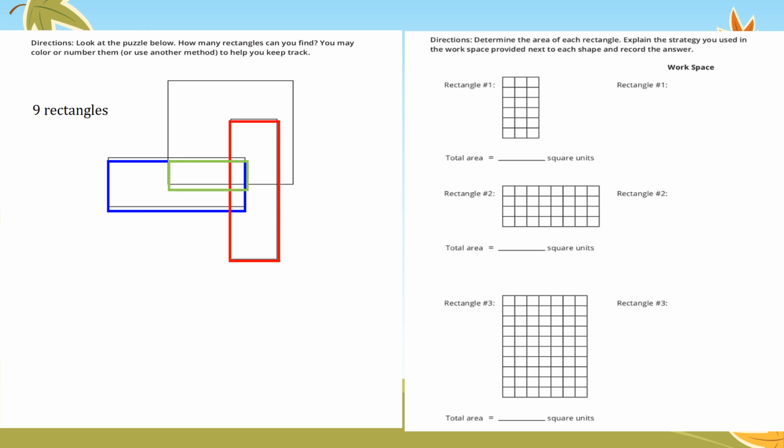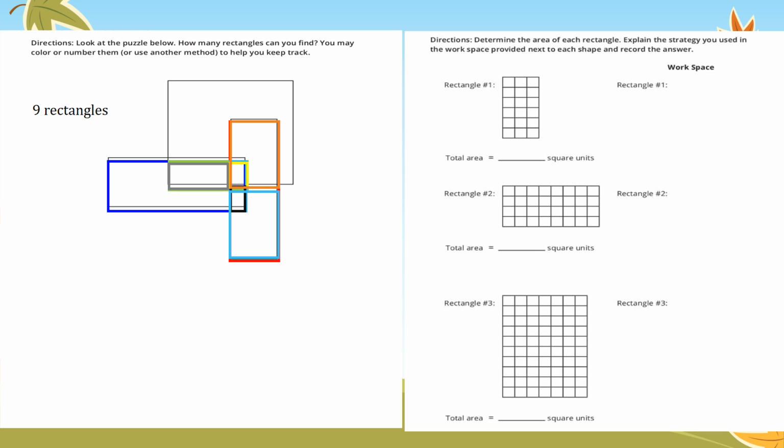This is fourth, baby blue or light blue. This is fifth, which is yellow, and then the black one and the gray one, and we have here a brown one and a light blue one. Total rectangles are 9 rectangles.